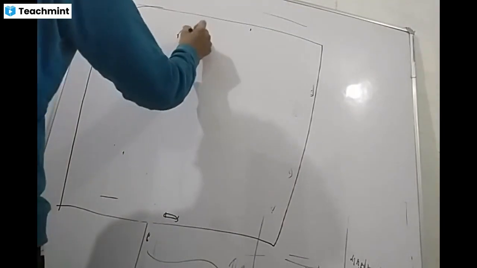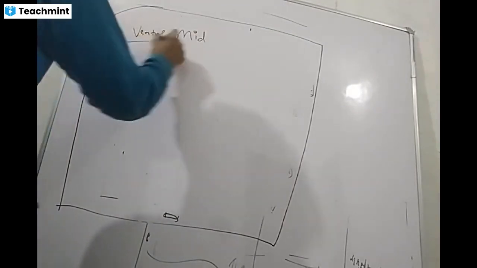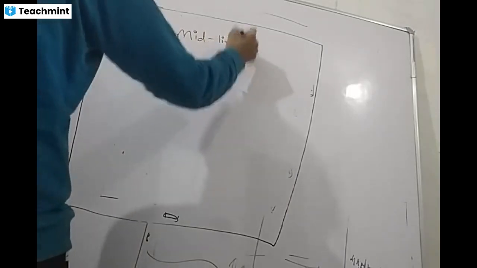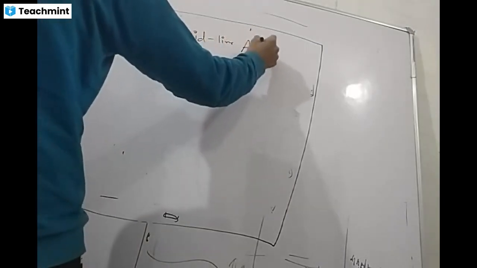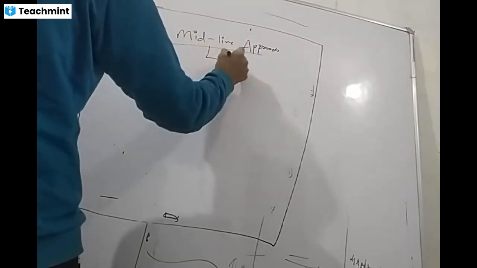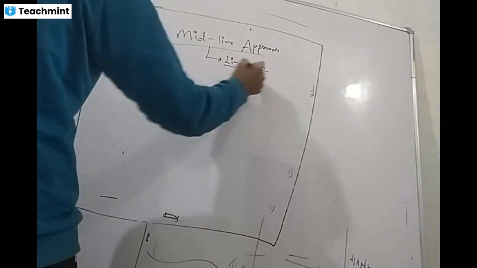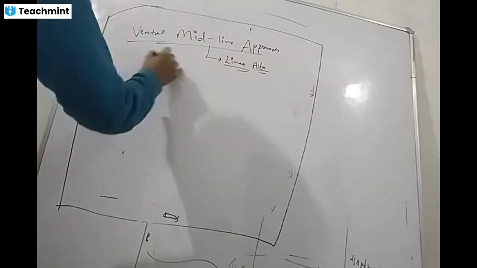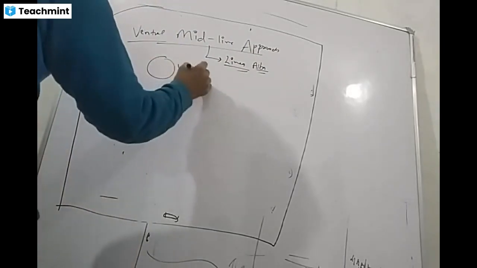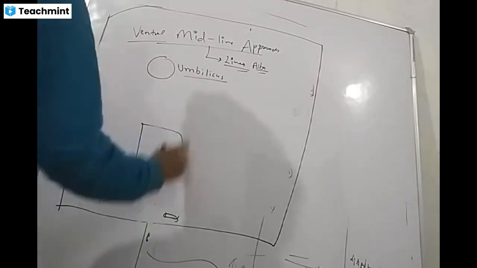If we look at the ventral, because it is a ventral midline approach, which is nothing but the approach through the linea alba, a white colored connective tissue. This is the umbilicus, and here is your pubis.